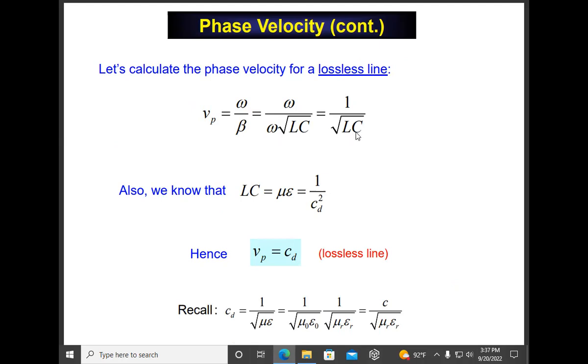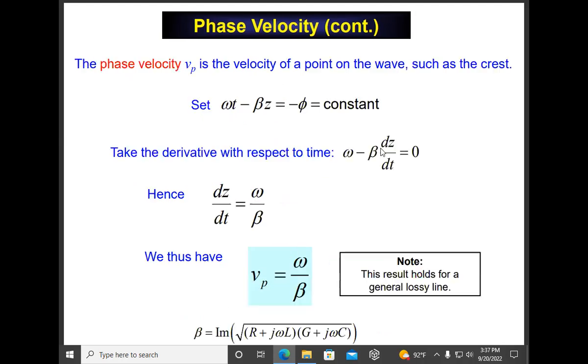Omegas cancel. Oh, that's nice. Omega canceled. What does that mean? On a lossless line, the phase velocity does not depend on frequency. It's a pure number, a pure constant. Okay? If it's a lossy line, the phase velocity will in general depend on frequency, right?